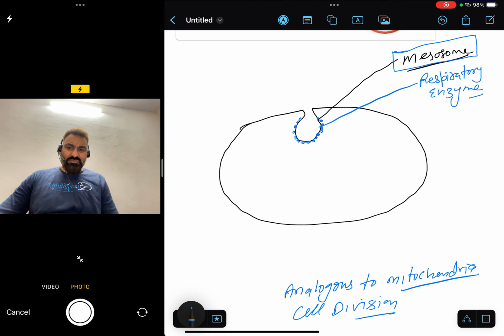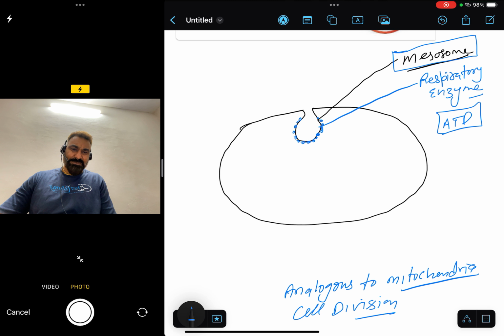And in a eukaryotic cell, most of the enzymes are present in mitochondria, which perform respiration or formation of ATP from complex molecules. ATP is not synthesized inside the mesosome, but it contains respiratory enzymes on its surface, so it somewhat functions like a mitochondria in this prokaryotic cell. So it is also known as analogous to mitochondria.